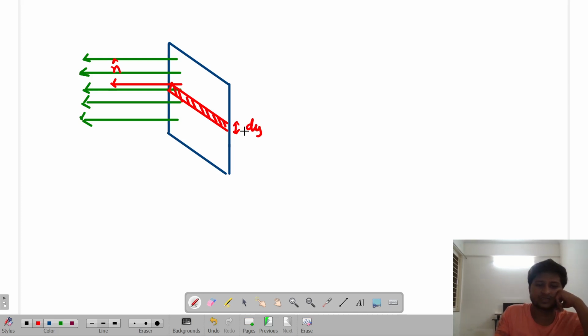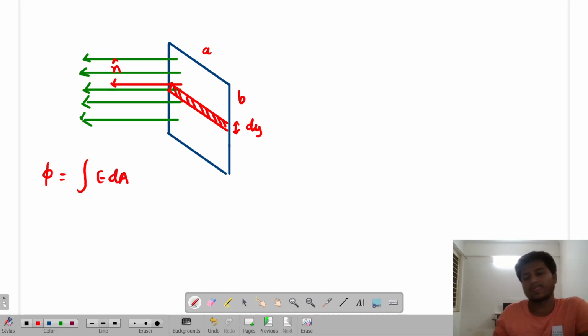Basically it is in the y direction, and this length was a and this length was b. Right or not? So then you will find the particular electric field with respect to dy, and then since this E is varying with respect to y, I need to use the theorem that flux is equal to the integral of E dA. Okay, are you able to get me or not?